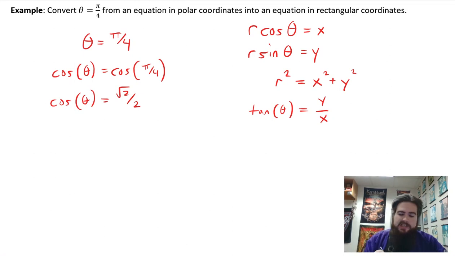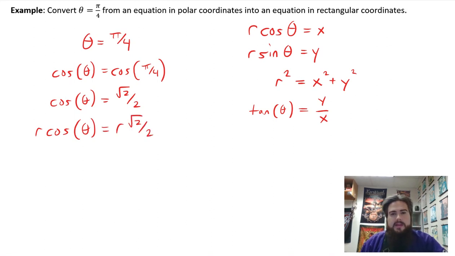However, I still don't see r cosine of theta, which means I would want to then try to multiply this by r to get r cosine of theta equals r times the square root of 2 over 2. And now I've done a couple steps that allows me to replace the left side there with now x, but I now have introduced an issue on the right side with an r that I don't know how to replace.